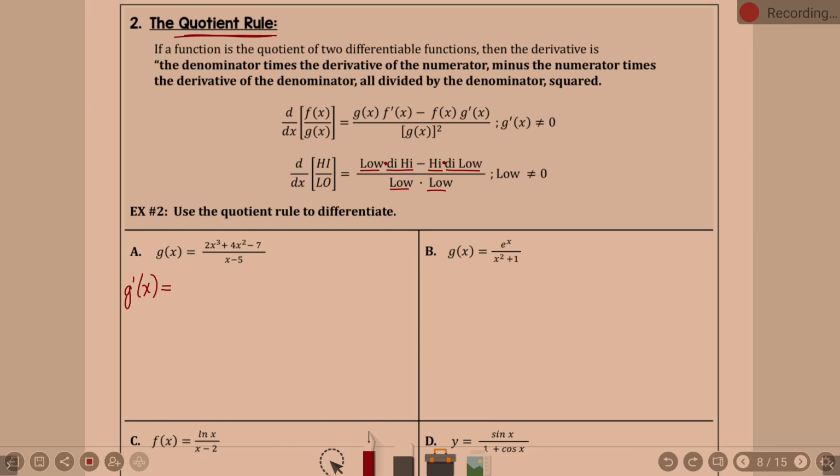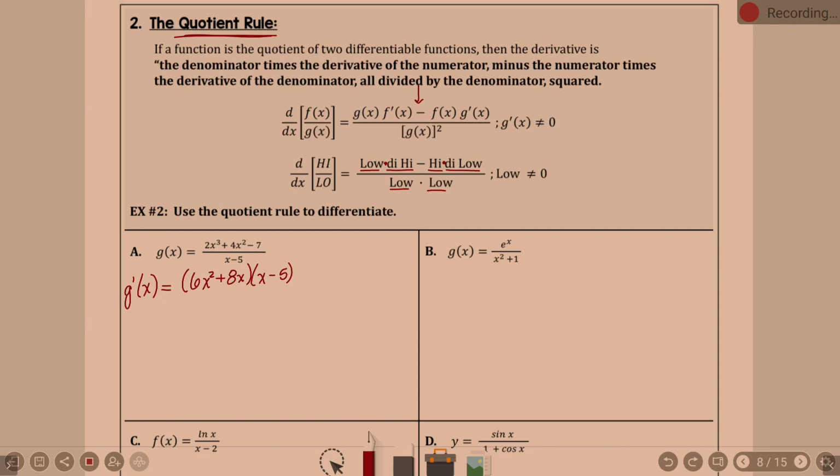In terms of their subtraction on top. So I always start with derivative of the top times the denominator. Or you can just think the denominator times derivative of the top. But derivative of the top is 6x squared plus 8x. Okay, so that's derivative of the top times the denominator, x minus 5. And then what do you have to remember?